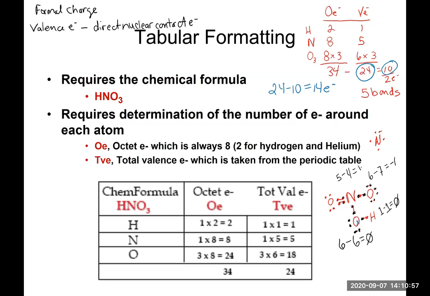That gives us a +1. And then this oxygen over here is 6 minus, there's 1, 2, 3, 4, 5, and 6 in direct contact. And so that gives us a formal charge of 0. This +1, this -1 gives us overall a formal charge of 0, meaning this is a neutral compound, and this structure does work.